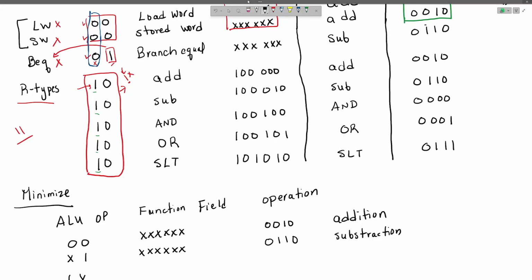We can say all of this, we don't need it because they're all the same. So we can define that as don't cares, and we can make them x's. And then we only care about this side.